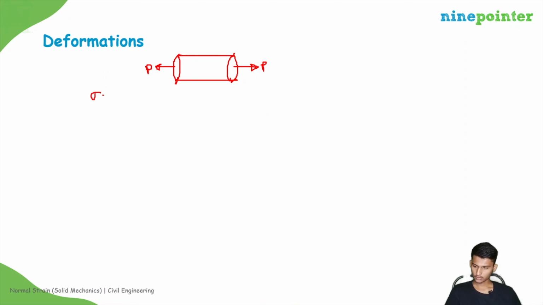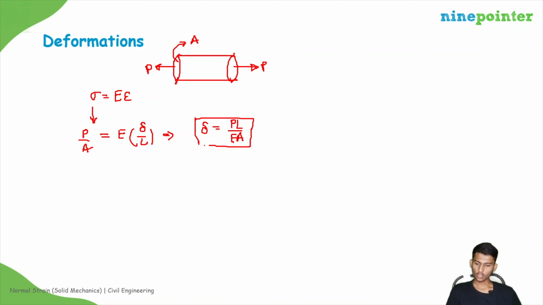Sigma equals E into epsilon, right? We already said that we assume the stress distribution will be uniform. So we can write sigma equals P by A, if the cross section is A. Here the cross section is also constant. So P by A equals E into delta divided by L. So delta equals PL by EA.